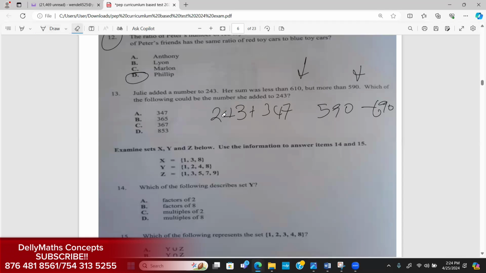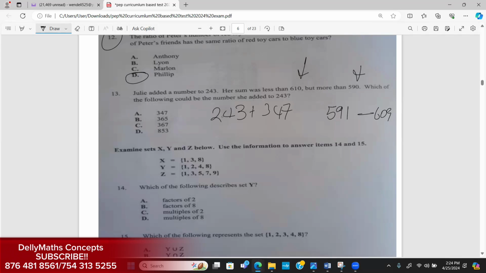So you're looking for a number from 591 all the way up to 609. I'm looking for a number, when I'm done, that would be in that gap.